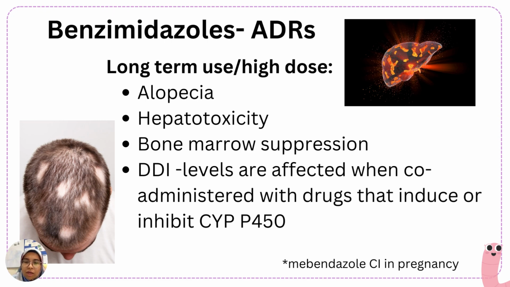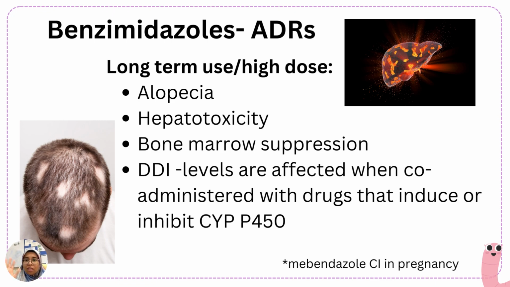So that's the reason why it's contraindicated in pregnancy. Albendazole is not stated as contraindicated. However, its safety has not been established. So you want to avoid it if possible, unless you have no other choice.